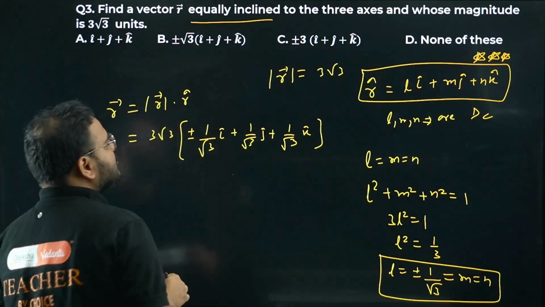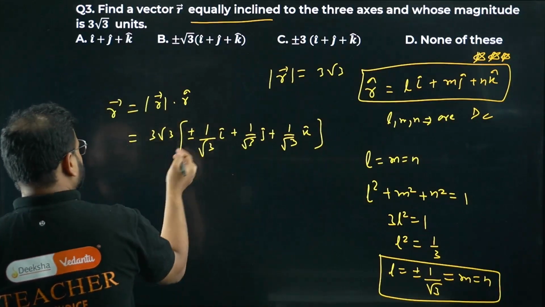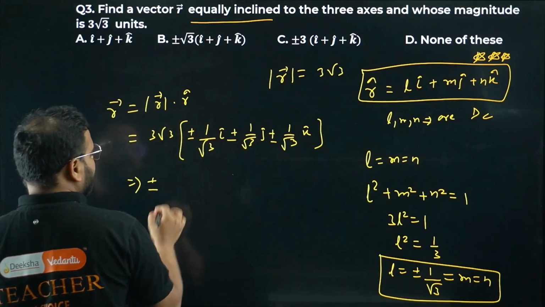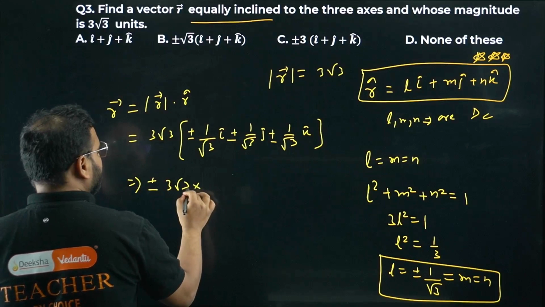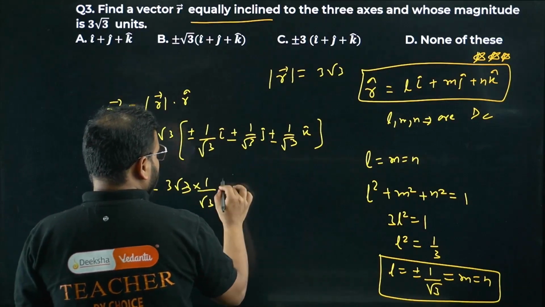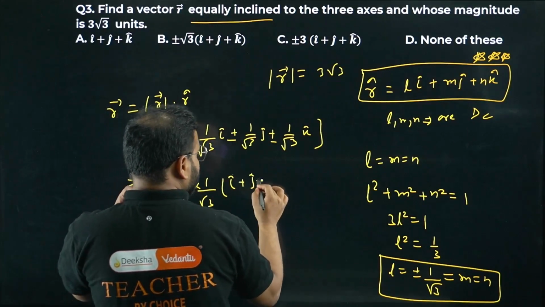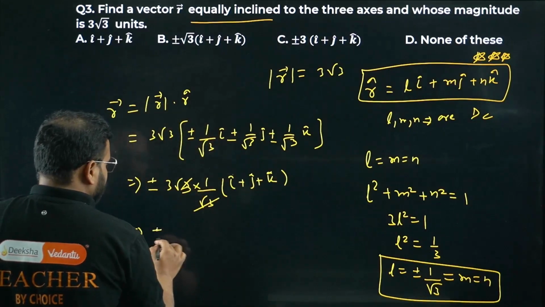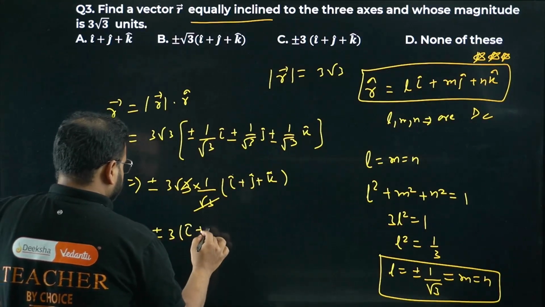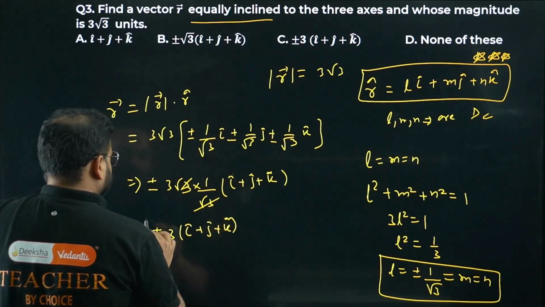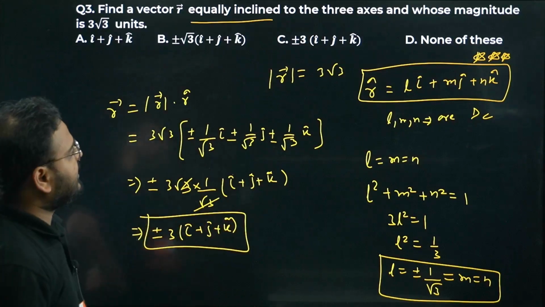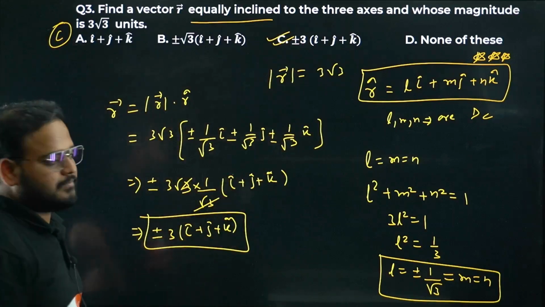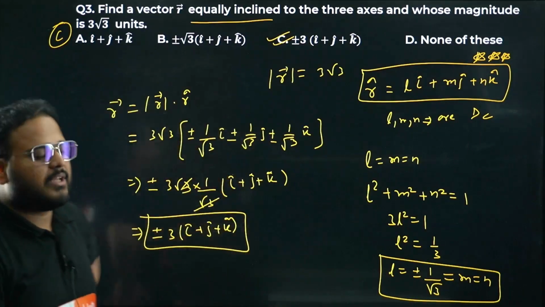Let's take 1 by root 3 common, and plus minus also common. Outside I have plus minus 3 root 3 into 1 by root 3, and inside I get i cap plus j cap plus k cap. It will become plus minus 3 times i cap plus j cap plus k cap. The answer is option C. Is this clear? Simple only. Let's move on now.